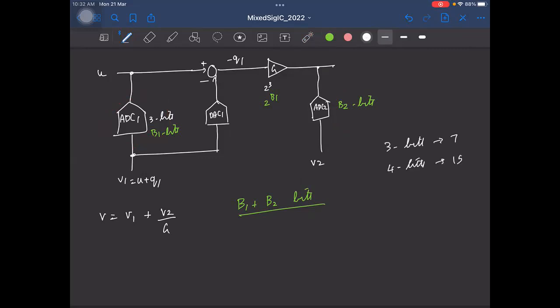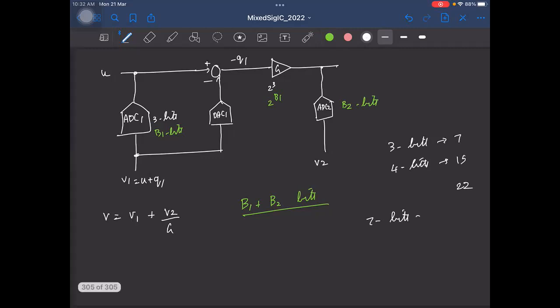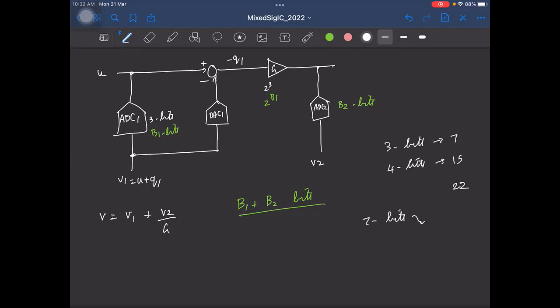How many comparators do you have in total? 22. But let's say you try to realize a 7-bit ADC using flash directly. How many comparators will you need? Okay, 2 power 7 minus 1, right? 127. Is that clear now? So you would have required 127 comparators if you were to realize a straightforward 7-bit flash.